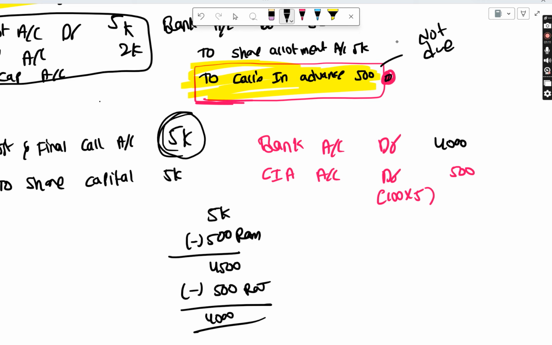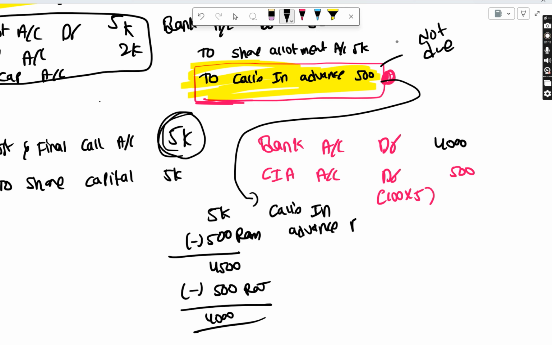So from Ram we are not going to ask money again. Whatever account we created, from that we are going to use. So calls in advance account debit, because previously we credited it. Now I am going to use money from that.